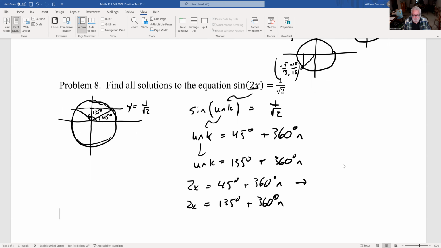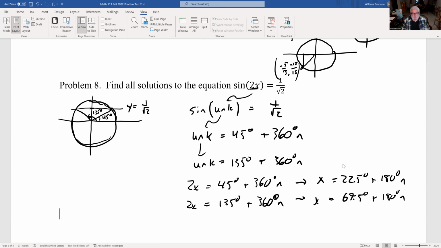And so if I solve this for x, that means just divide everything by 2. And same thing here, half of 135 is 67.5 degrees plus 180n. Right?